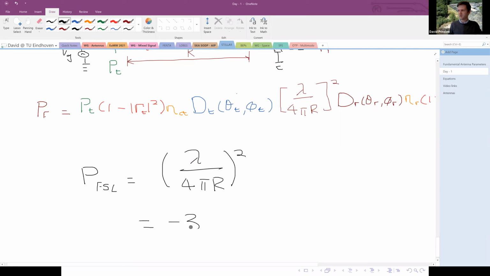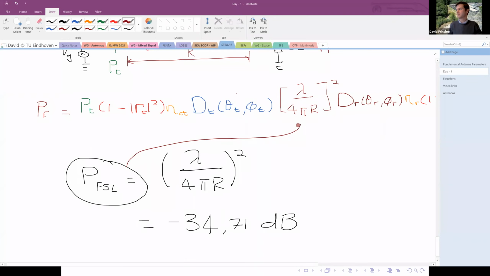I hope everyone got a value like minus 34.71 dB. Just bear in mind, this is not the receive power, this is the path loss. So this component here.